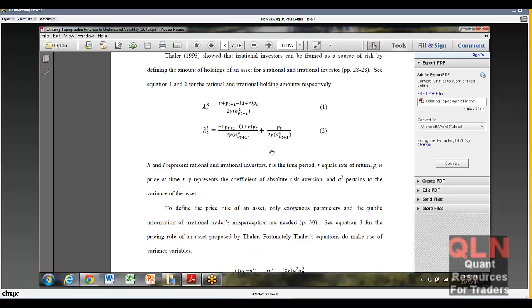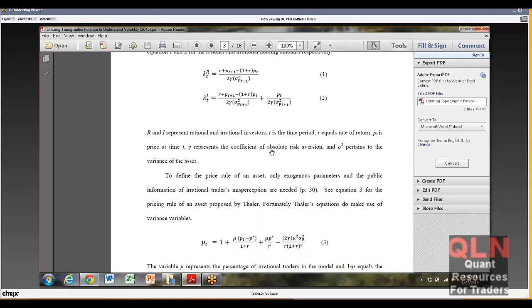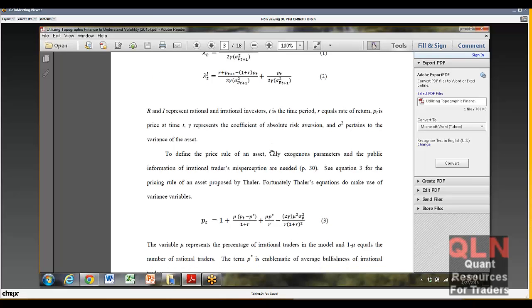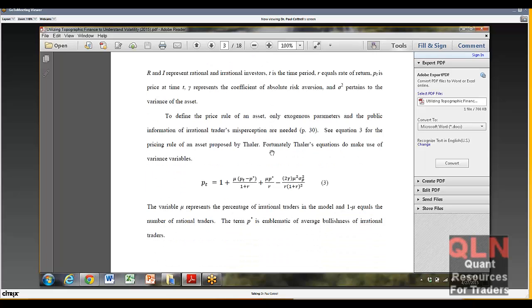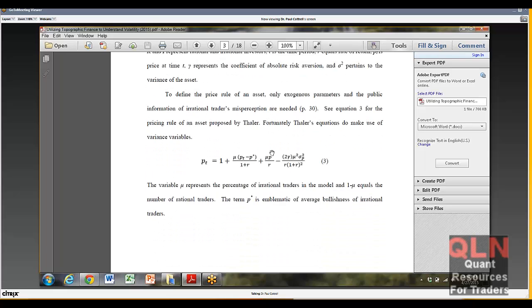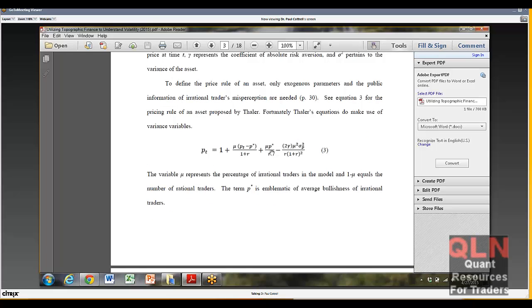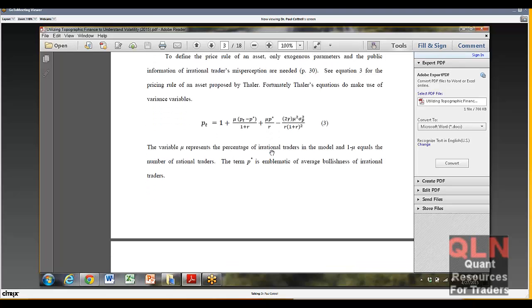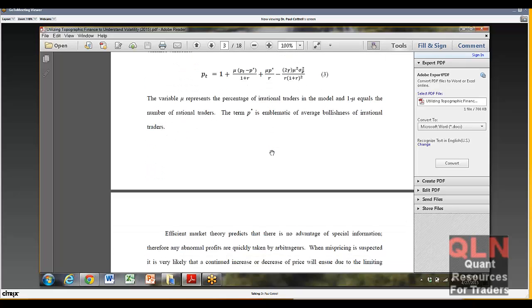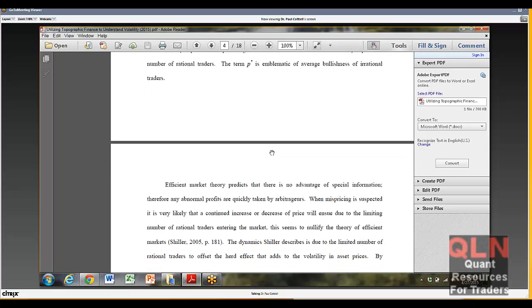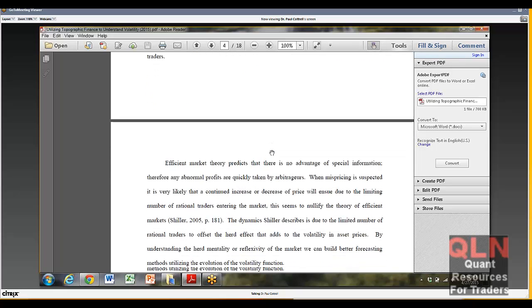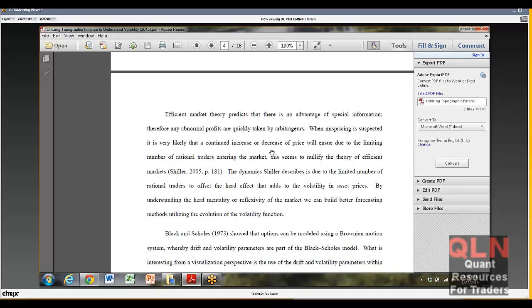But we're not really going in depth into Thaler's formulas. The point here is that there are formulas out there to define fundamentalist traders and chartist traders and how they interact in the market. They're good for economic theory, but they don't really help you with trading.